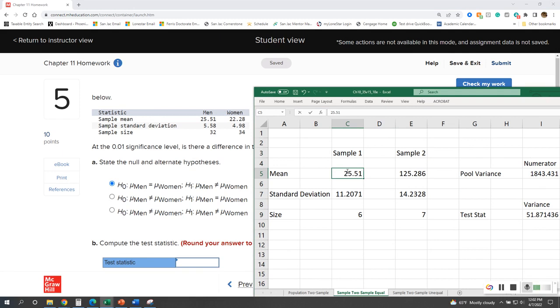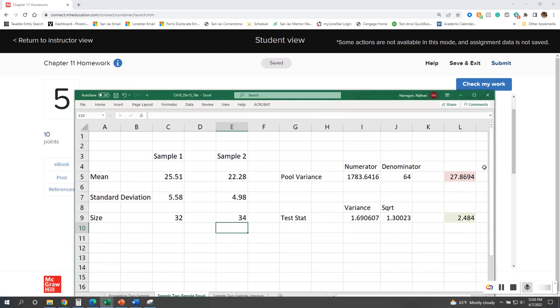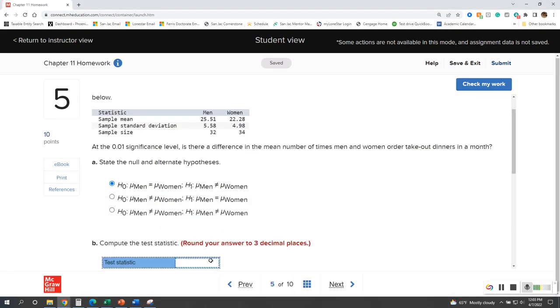So, first population, 25, 5.58, 32. Our women, 22.28, sample 4.98, and the size is 34. Okay, so here's our pooled variance, if needed, and our test statistic is popping out at 2.484.